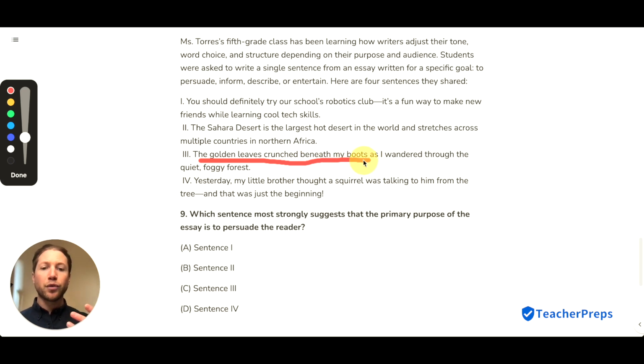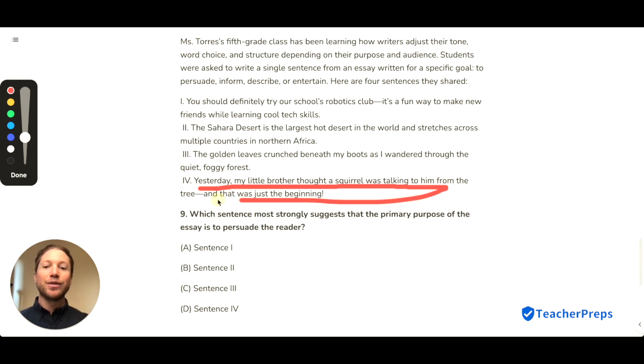And this is a beautifully written sentence, but it doesn't seem very persuasive to me. Let's keep going. As I wandered through the quiet, foggy forest. That is definitely more of a descriptive type of sentence. And then sentence 4 reads, yesterday my little brother thought a squirrel was talking to him from the tree. And that was just the beginning. Okay, so that sounds much more like narrative writing.